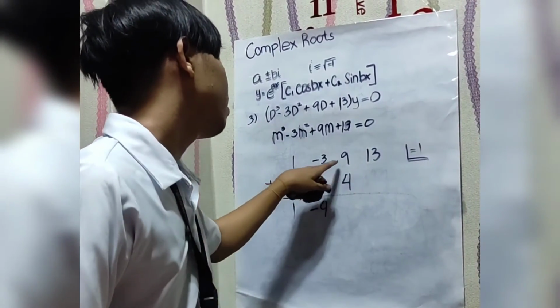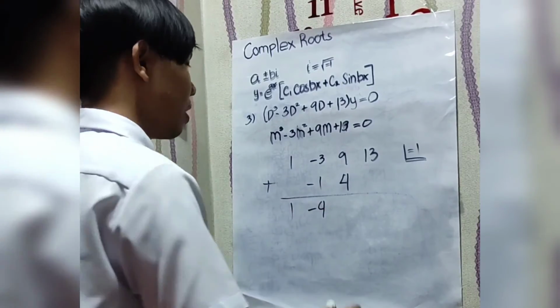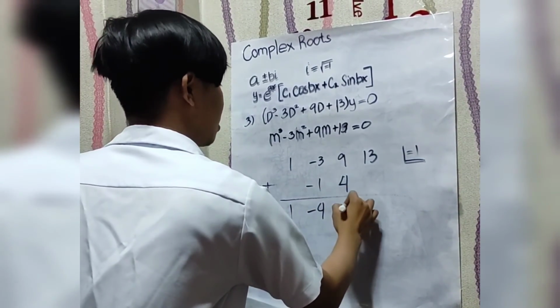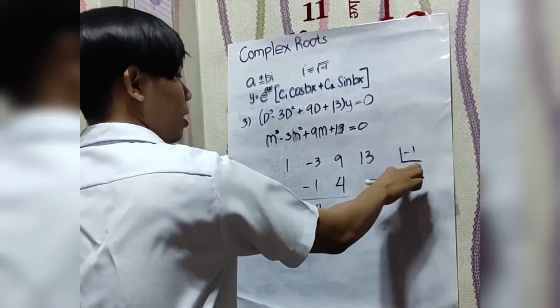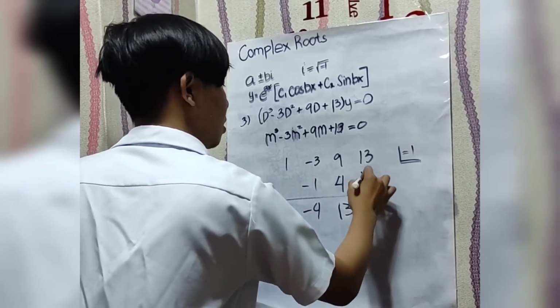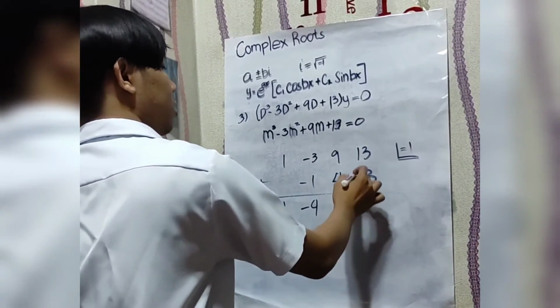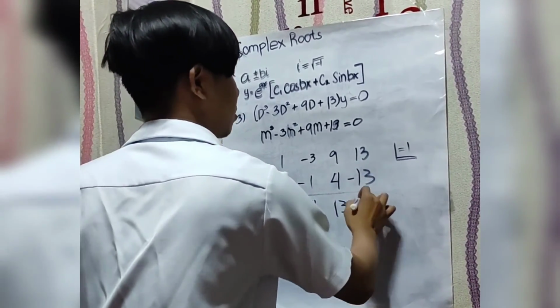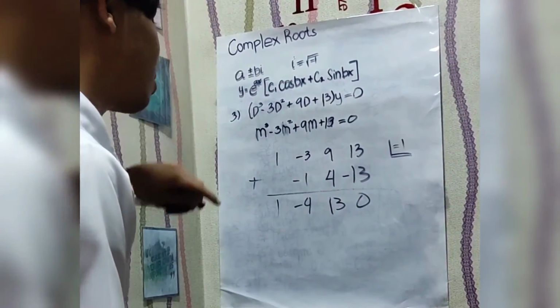So, 9 plus 4 is 13. Negative 1 times 13 is negative 13. Negative 13 plus 13 is 0. So, tama. Yan yung factor natin.